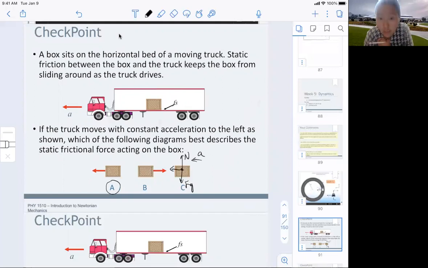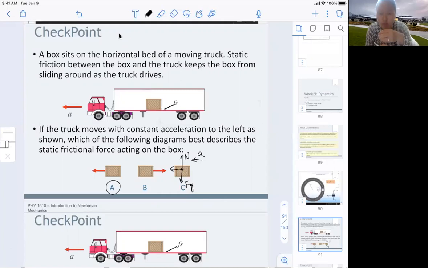Okay, and that force is provided by static frictional force. Now this is very interesting. Sometimes thinking about which way the static friction force is pointing can be confusing. So how do we figure out the direction of the static friction? In this case, we know straightforwardly from the direction of the acceleration, which is to the left. But you can also think about this using the tendency of the box to slide off.